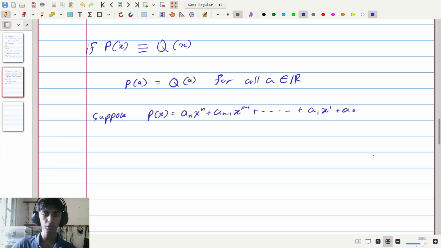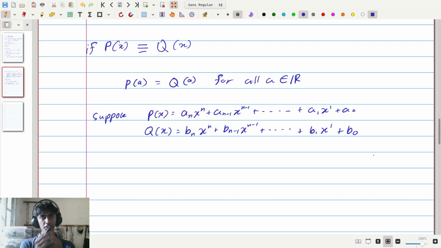And let's suppose also that q(x) is of a similar form. It's equal to b_n x to the n plus b_(n-1) x to the n minus 1 plus dot dot dot all the way down to b_1 x to the 1 plus b_0. Let's suppose these two are the expressions for the two polynomials.